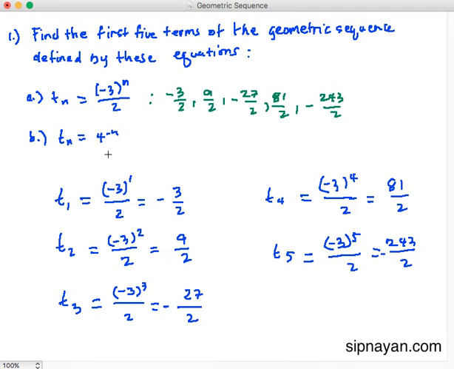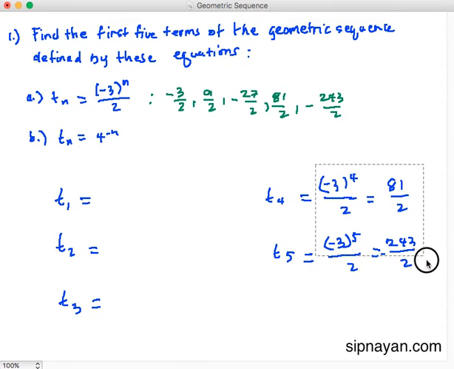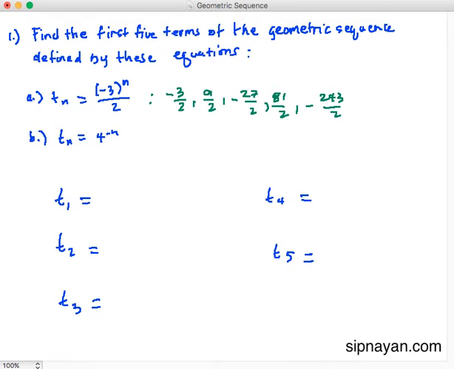Next, we have, tignan natin yung 4 raised to the negative n. Pag ang n natin ay 1, meaning 4 raised to the negative 1.